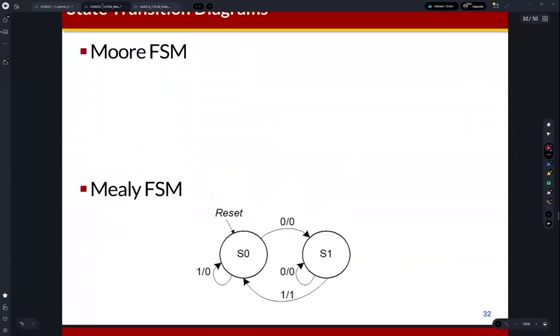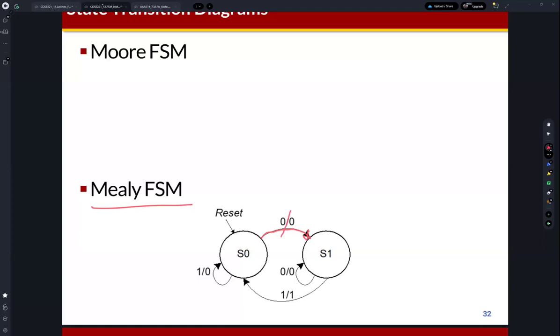Then based on the input and output, we can define FSM, the state transition diagram. So firstly, if we just assume Mealy FSM, we actually need the output. In the Mealy FSM, you can find the arc in the state transition diagram, and then you can find the slash here.